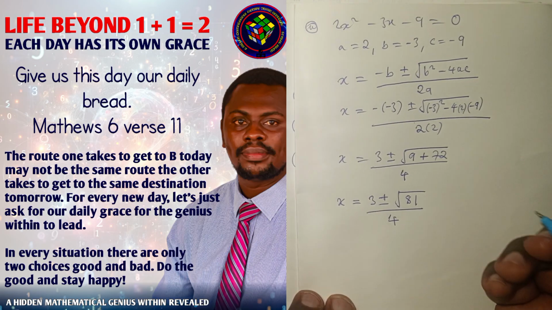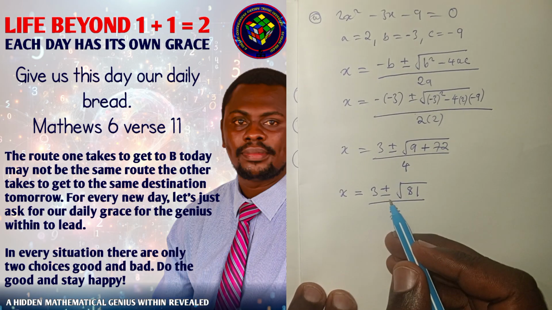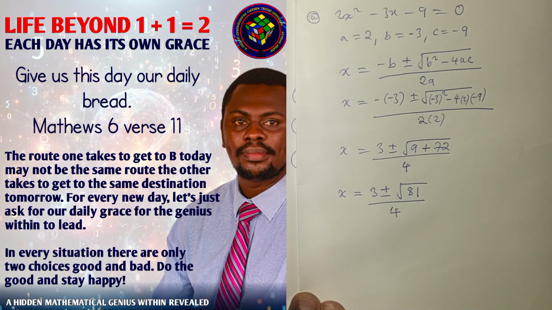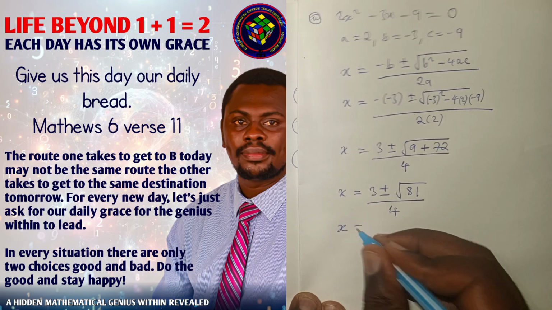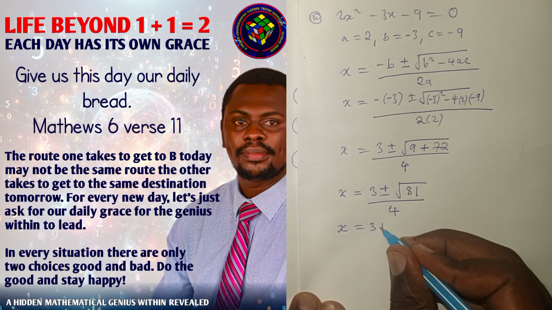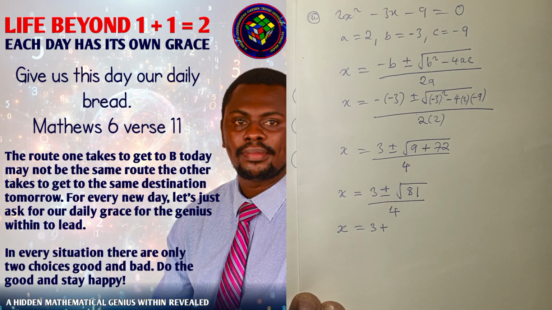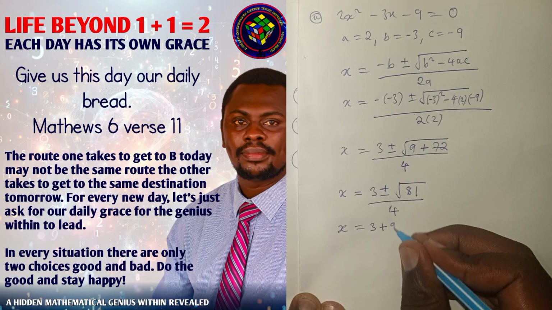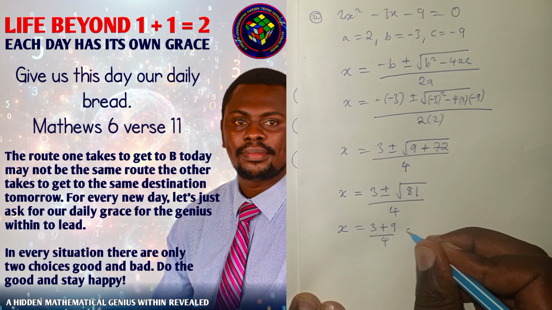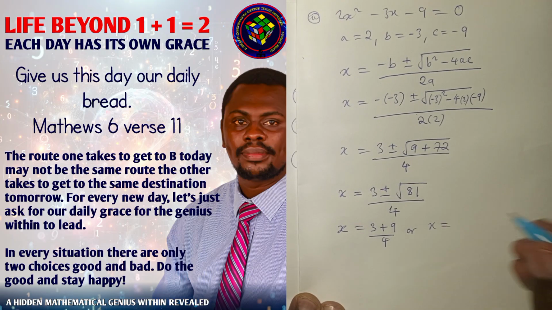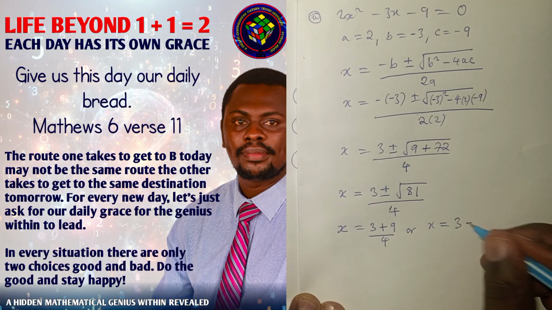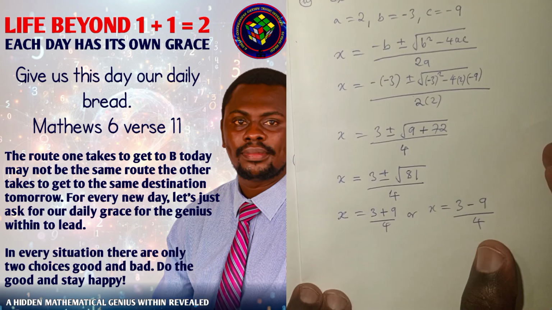Now here we have plus or minus, meaning there are two possible solutions: one for addition and the other for subtraction. So we are going to have x is equal to 3 plus the square root of 81, which is 9, over 4, or x is equal to 3 minus 9 over 4.